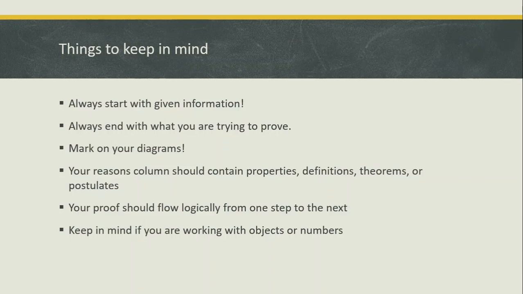There's going to be a lot of proofs where we need to switch back and forth between objects and numbers, and that is where your definitions usually come in handy. If you need to switch from a number to an object or from an object to a number, you should be asking yourself, what definition can help me here? Like the definition of segment congruence, anything like that, the definition of a linear pair. Just what can I use to really lay this out?